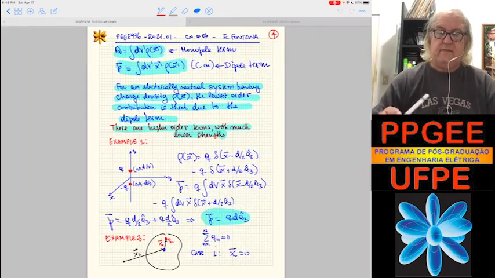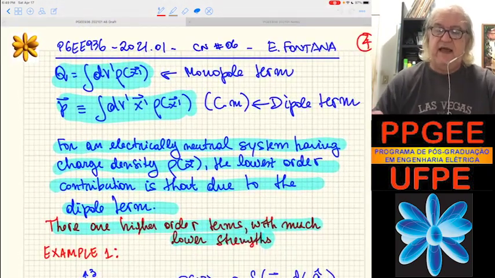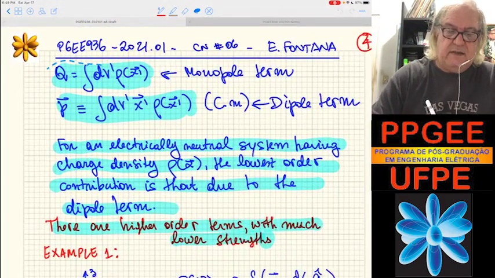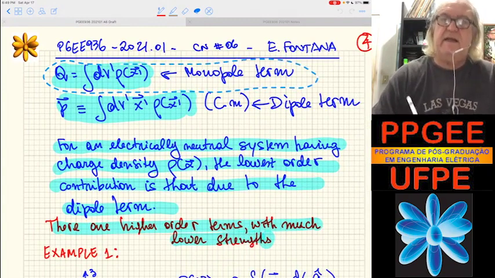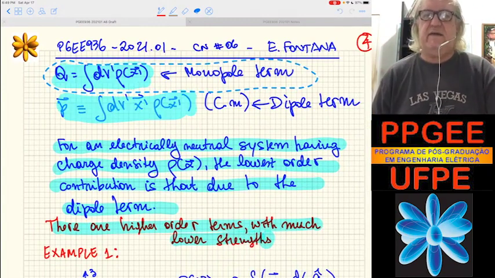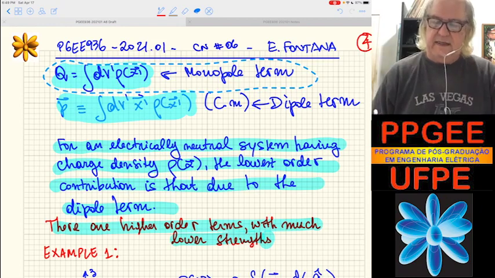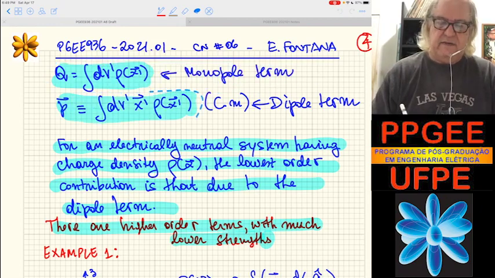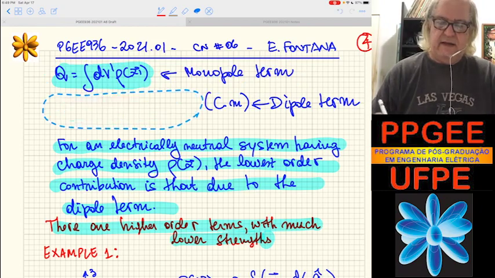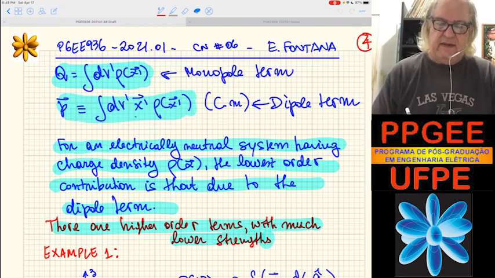So that's what we have, right? The monopole term is this one, the integral of the charge density, and the dipole term is this one here, right? So you see that it is the moment of the charge.